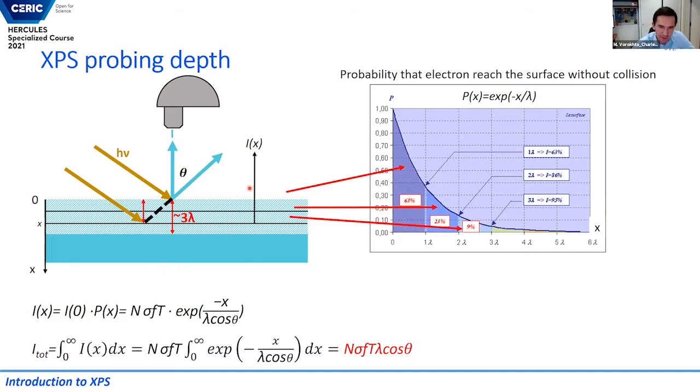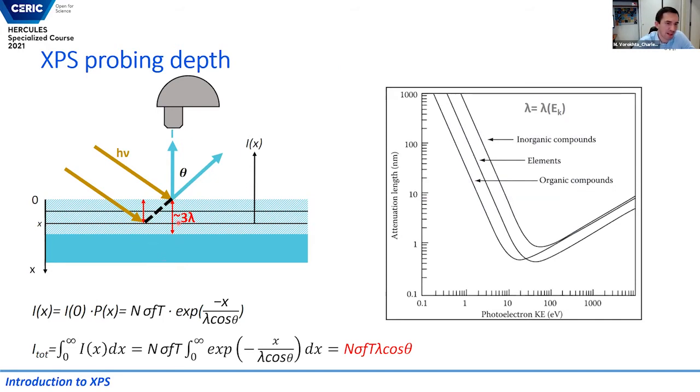Of course, you should also understand that lambda, as I said, depends on the kinetic energy of the photoelectron. And this kinetic energy is related to the energy of the photons which you use when you do XPS.